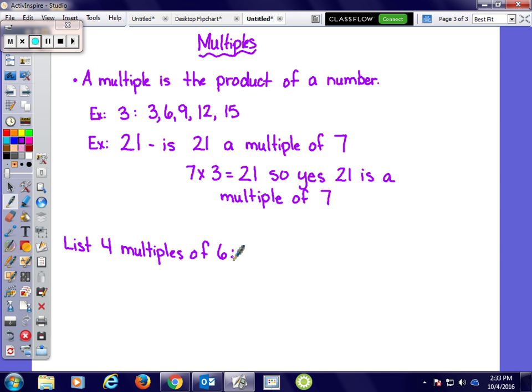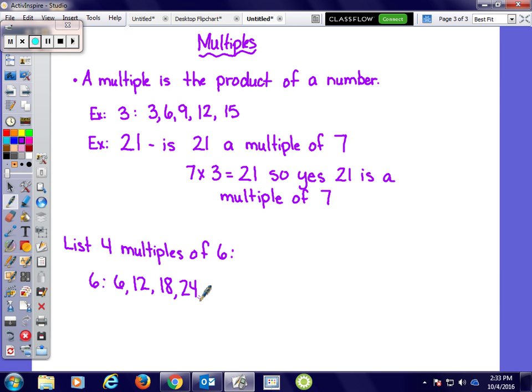Do your first 4 so we all have the same answers. Okay, so the first 4 multiples of 6 are 6 times 1 is 6, 6 times 2 is 12, 6 times 3 is 18, and 6 times 4 is 24.